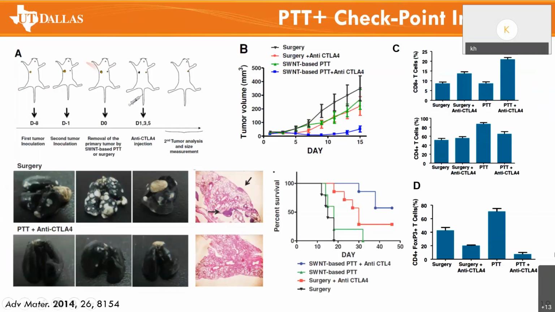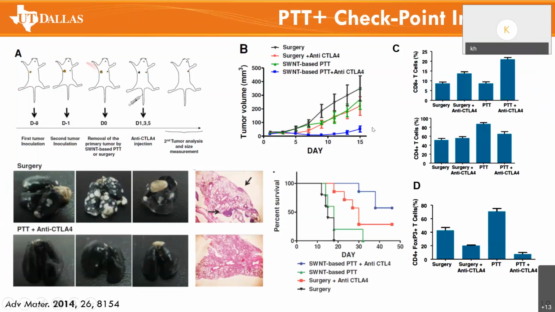But compared to that, you can see PTT with the anti-CTLA-4 has effective CD4. They explain that with PTT there are a lot, but some part of these are inactive. This is showing the amount of CD4 that are not working because they are regulatory T cells.